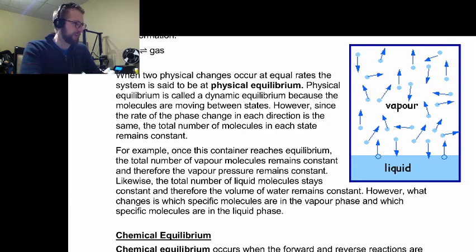So, for example, once the container reaches equilibrium, the total number of vapor molecules will remain constant. So when we're talking about physical equilibrium, we're talking about a dynamic system because of moving particles and moving molecules, and there's no actual chemical change.